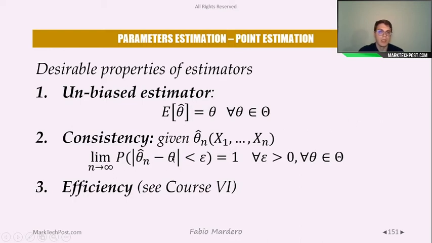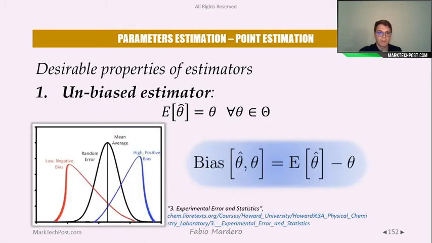It means that it does not take, at a certain point, a particular value very different from the true value, the ground truth of the parameter itself. The third property, which we will discuss in the next course, is efficiency.